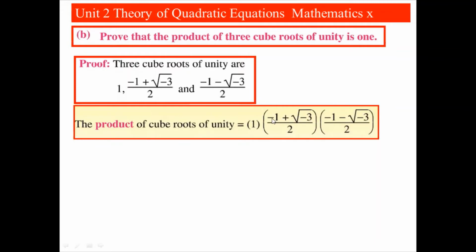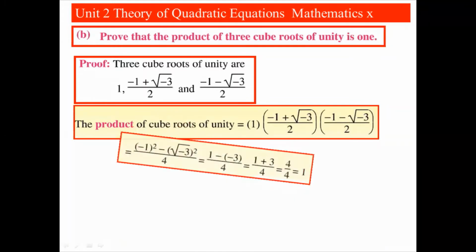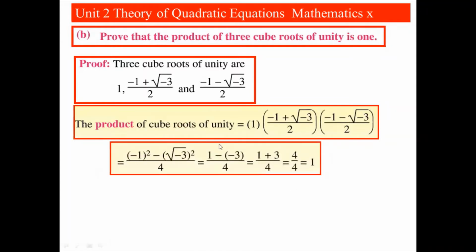So here we have 1, minus 1 plus square root of minus 3, and here is minus 1 minus square root of minus 3. So we can use the formula a square minus b square. So this can be written as minus 1 square and minus square root of minus 3 square, and when we multiply this 2 with this 2, we have 4.